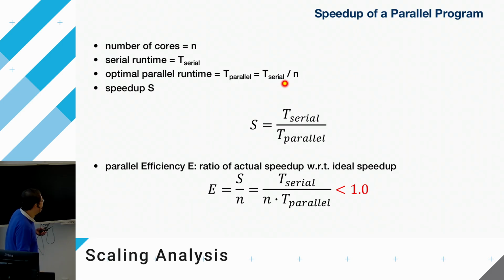This is easy to understand. And then the speed up is the serial runtime divided by the parallel runtime. And one important quantity is parallel efficiency. This is the ratio of the actual speed up with respect to the ideal speed up. Normally this is less than 1 because of some overheads.